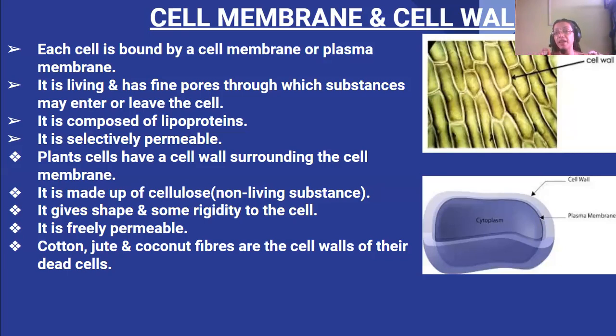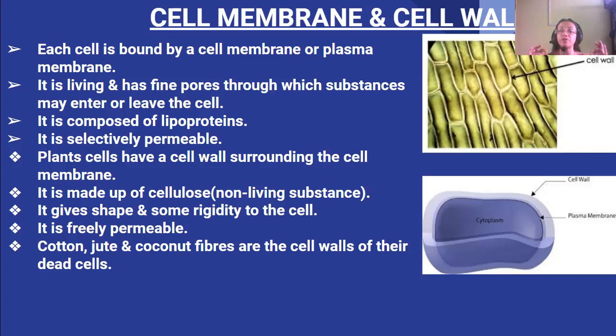This cell membrane is living, having fine pores through which substances enter and leave the cell. The cell membrane is made up of lipoproteins, and it is selectively permeable. That means it allows certain substances to enter and certain substances to leave the cell. All substances are not allowed to enter or leave the cell.